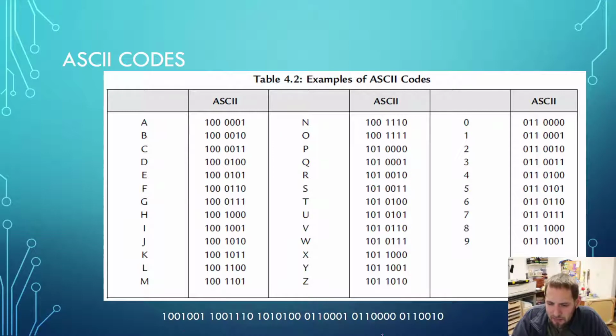Down here at the bottom of the screen, which is my example from another class, so it won't make as much sense to this one, we have 1001001. If we were to go through the table and find 1001001, we would find that it represents an I. Then we keep going down. So 100 1110, that'd be an N. So we can now actually start sending information in a meaningful way.